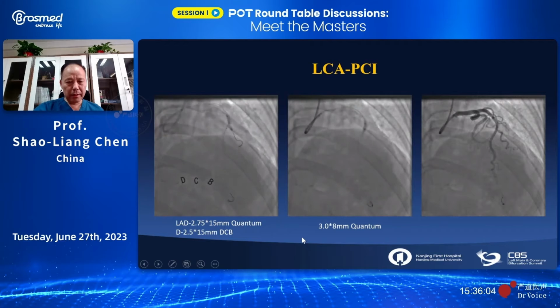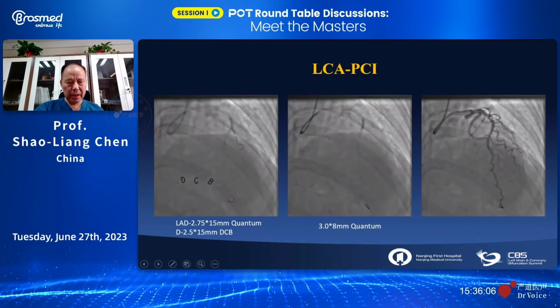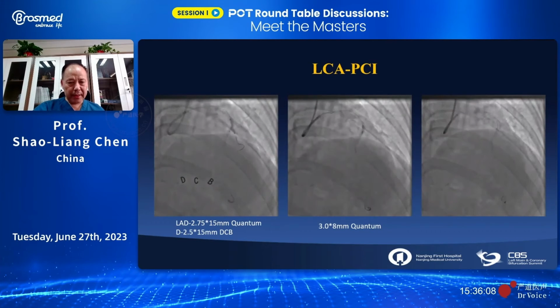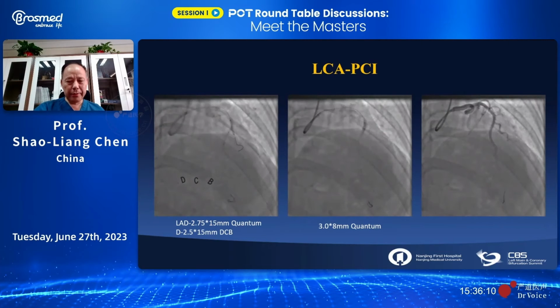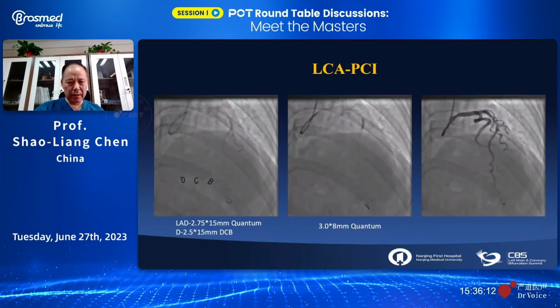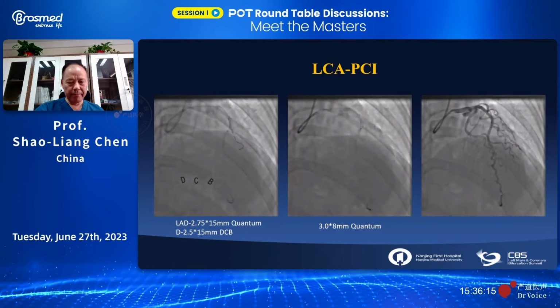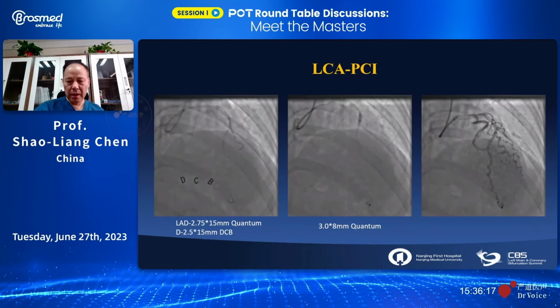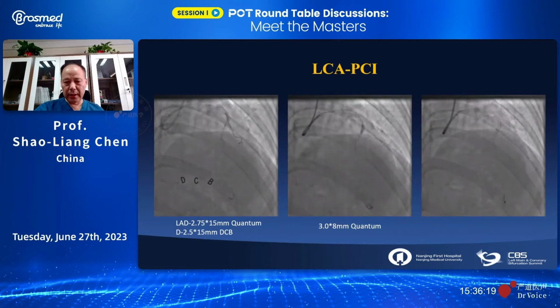After that, because the patient was assigned to a bifurcation DCB trial, for this case my colleague did not check the intravascular imaging. Angiographically, the diagonal is the only large diagonal taken from the LAD.